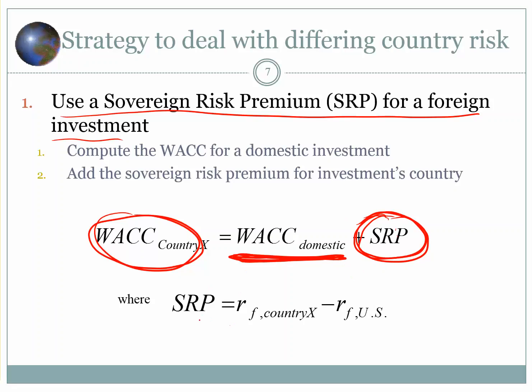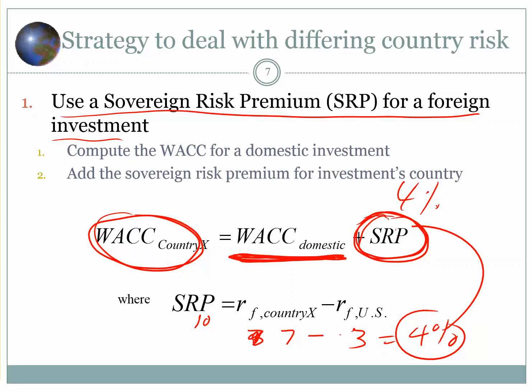So say if you look at 10-year bonds, and say the 10-year U.S. Treasury rate is 3%, and the 10-year Mexican rate is, say, 7% sovereign rate, you can say that the sovereign risk premium is 4%, and I'll just add 4% to any project I'm looking at in Mexico.